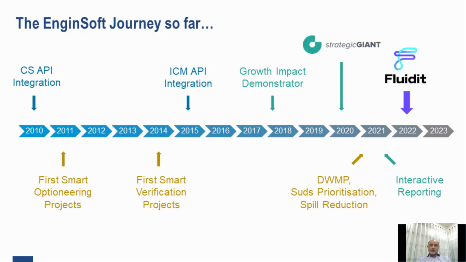Then a few years ago, responding to the demands of our clients, we developed a growth impact demonstrator, which has now matured into a fully fledged platform called Strategic Giant, which stands for Growth Impact Assessment tool.